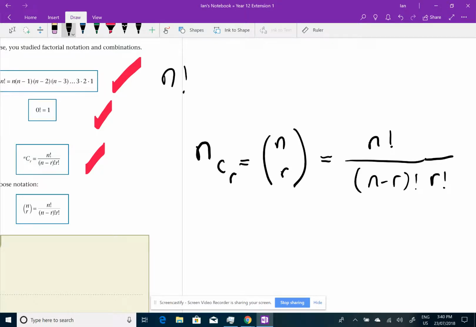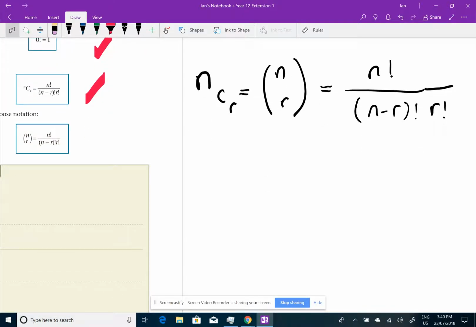And the work that we did today relies on you understanding that and knowing another couple of key things: that if you have (k plus 1) factorial, that equals (k plus 1) times k factorial.